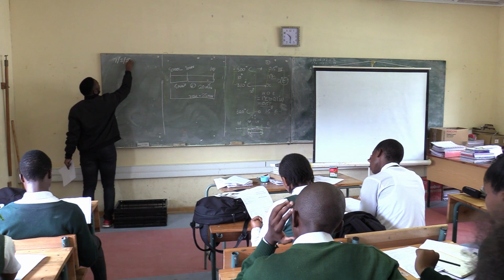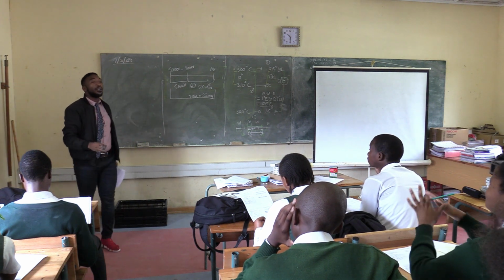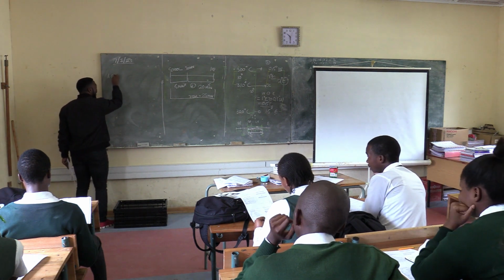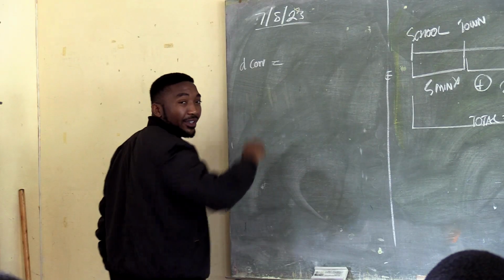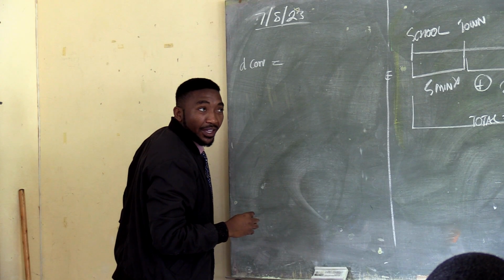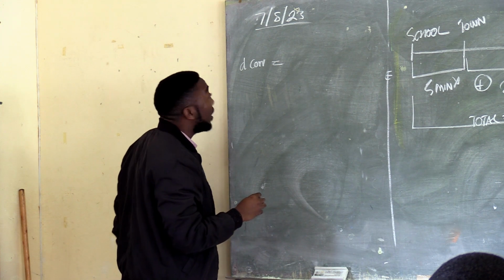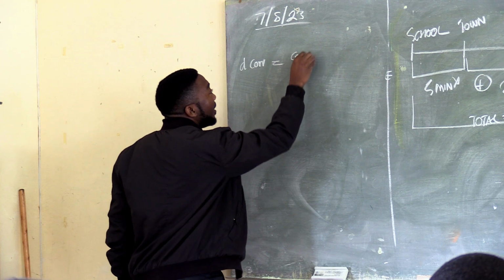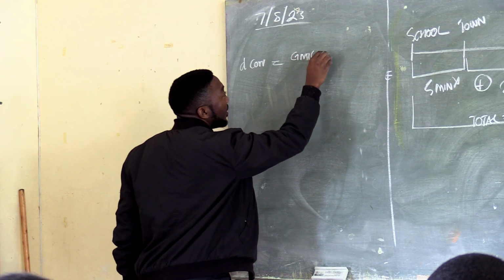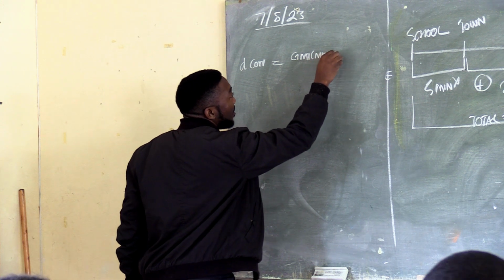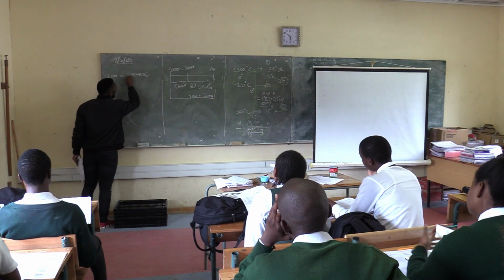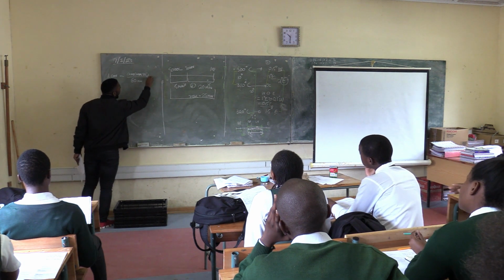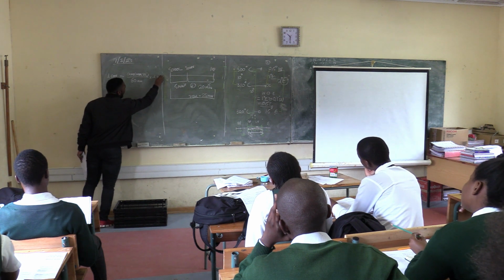It says the correction is equal to the GMT minutes, that is minutes and seconds if they are there, all divided by 60 minutes, and then all multiplied by the D value.